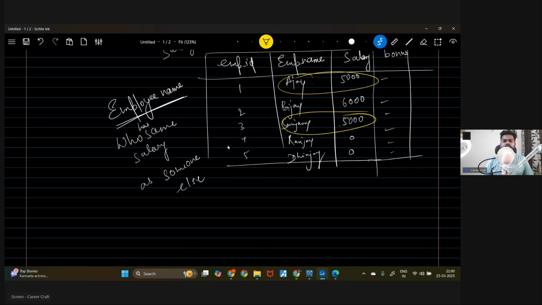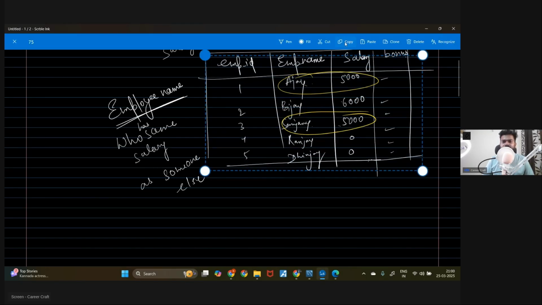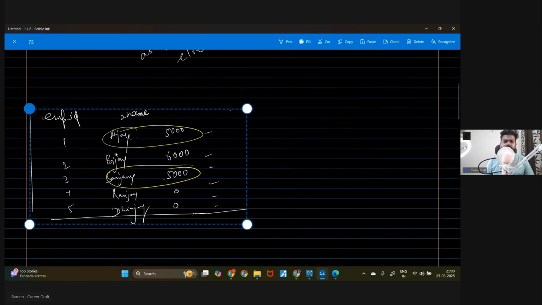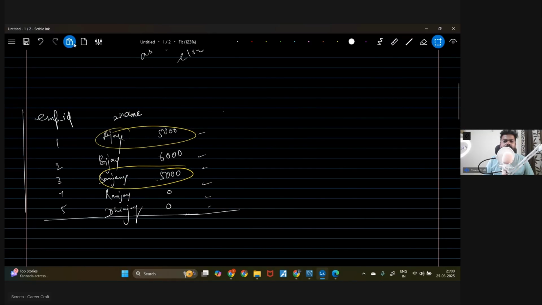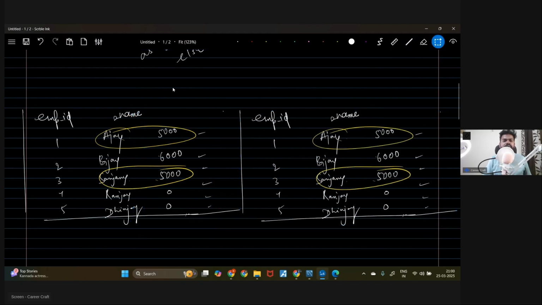Can I say that if I join this table with itself, I will just show you what is the meaning of this. This is the table, copy. I will put this table like this, paste. Then I will again paste this like this. Here we have employee name and salary.